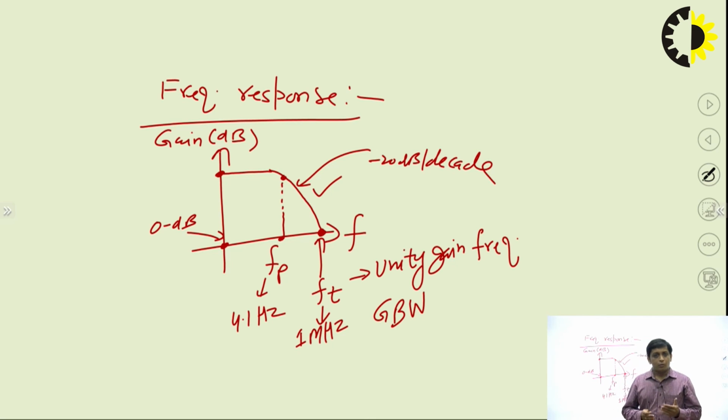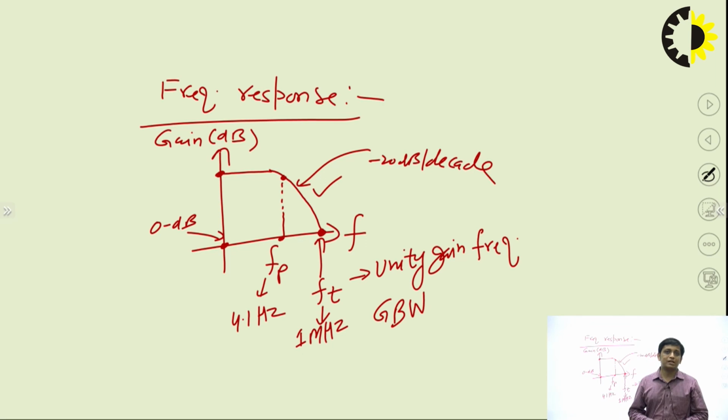But once we understand the process of the 741 IC, how we do the DC analysis to calculate the DC collector currents, how we do the AC analysis of the 741 IC to calculate the input resistance, output resistance, and after that how we calculate FP and FT, we can apply those concepts to other op-amp ICs. That's why this 741 IC is very basic.